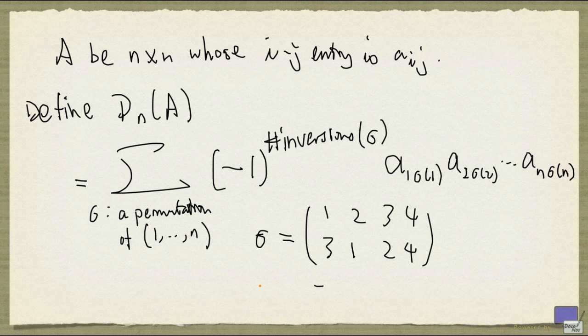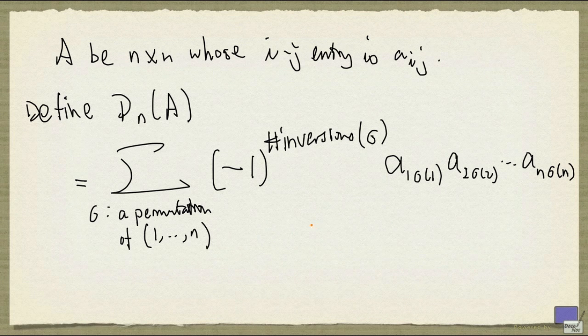And so in this case, the number of inversions of this sigma will be what? I have a 3, 2 as an inversion. I have 3, 1 as an inversion. And that's it. So for this sigma, the number of inversions is actually even, and so this will be a plus. So this definition of Dn will be consistent with our D2, D3, and D4.